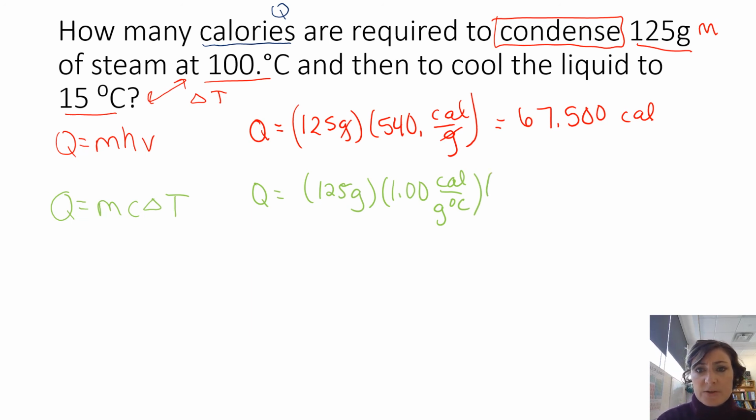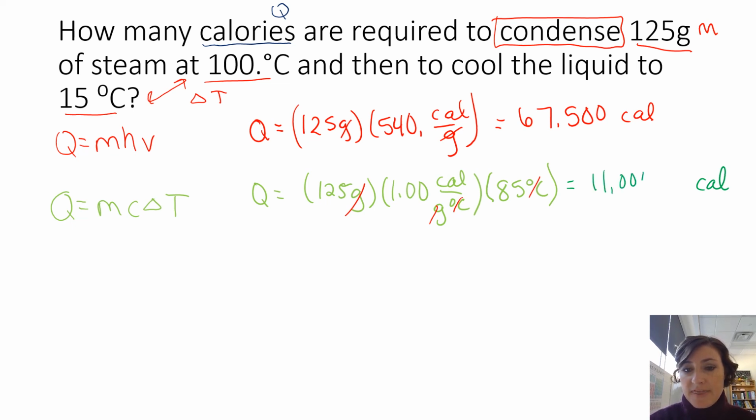And my delta T is going to be the difference between 100 and 15 degrees, which is 85 degrees Celsius for my delta T. And we're going to go ahead and cancel some units. So grams will cancel, and degrees Celsius is going to cancel, and that's going to leave me with a value in calories. That makes sense. I'm solving for Q.